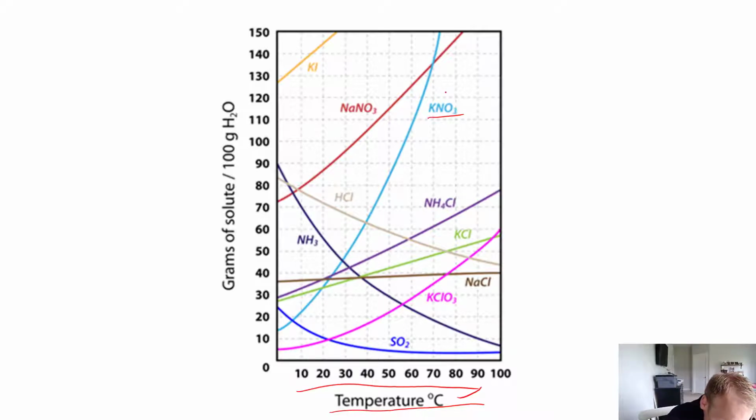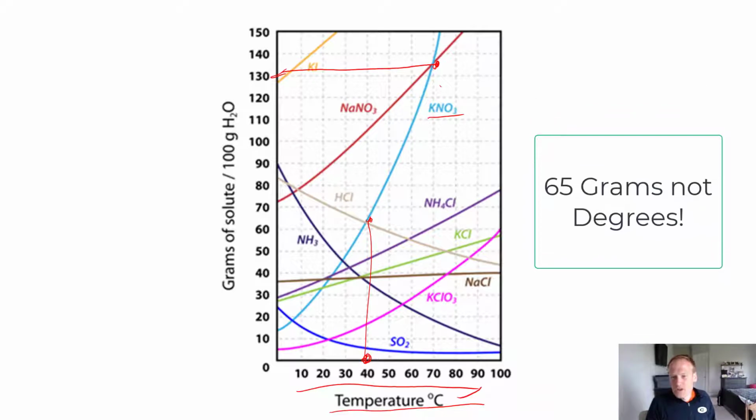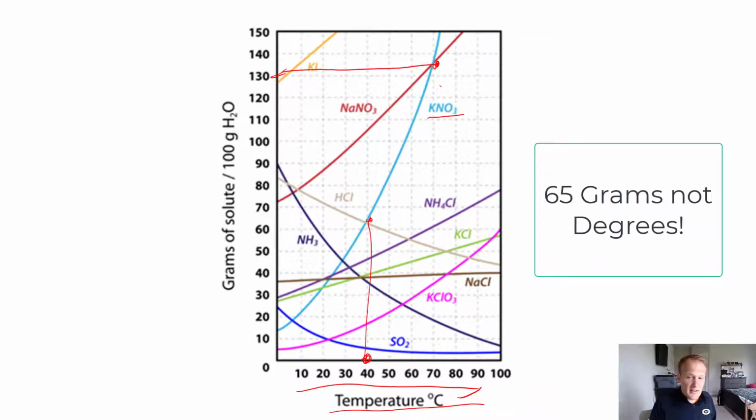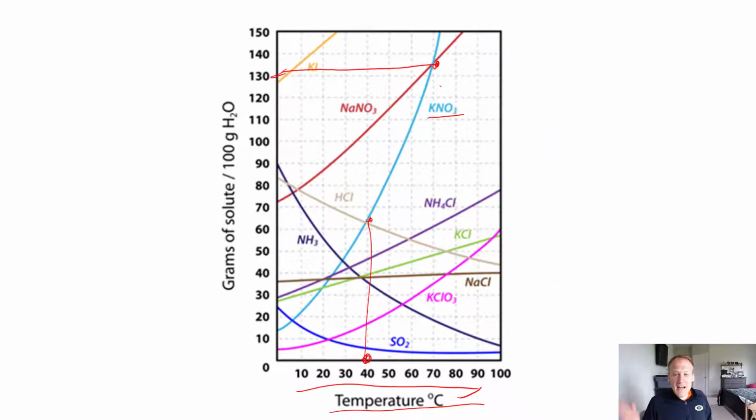So at 70 degrees, KNO3 can hold, or is saturated, at a little, like 135 grams of solute. But if we cooled it down to 40 degrees, we'd only be able to hold, oop, I went too far. We'd only be able to hold like 65 grams. So you can see that typically, as we heat things up, you can dissolve more solute.